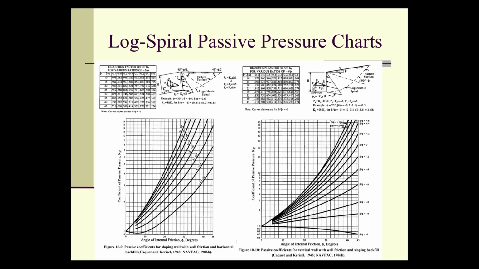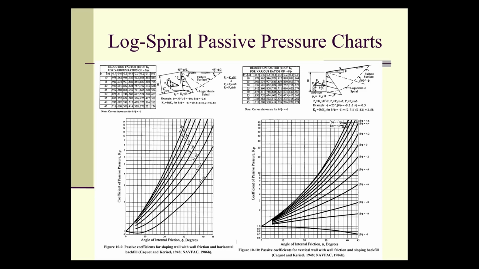The charts given in the Soils and Foundations Handbook are used in this way, and they actually have some nice little examples of them. There are 2 of them. The one on the left assumes that the backfill is horizontal, but the wall is not. There's an angle in there, and of course it also includes the zero angle. So if you've got a level backfill, you would use the chart on the left.